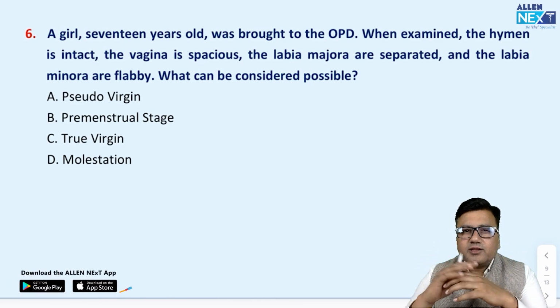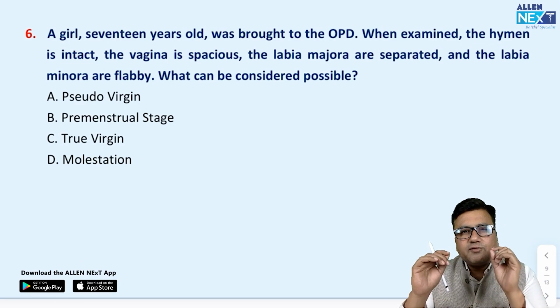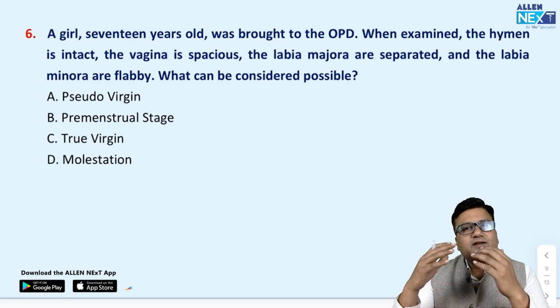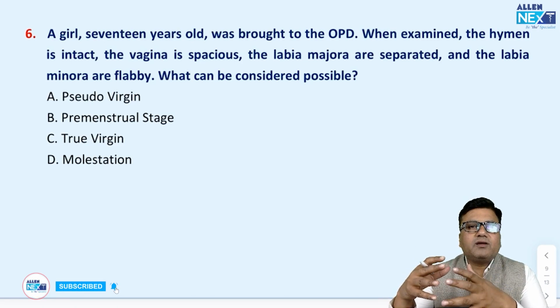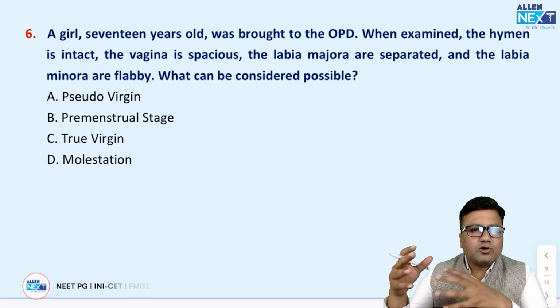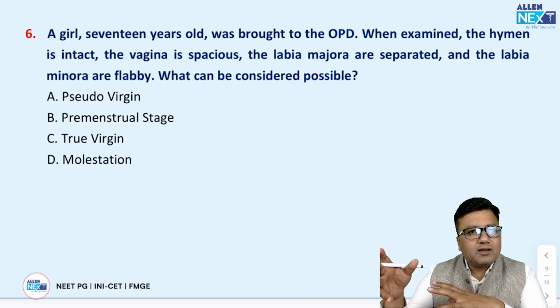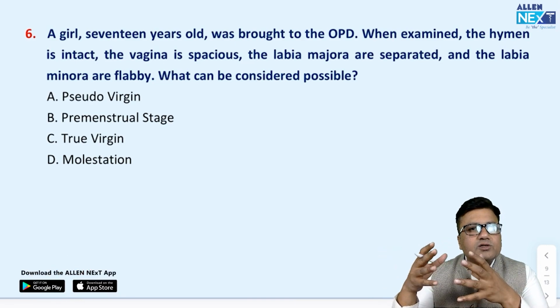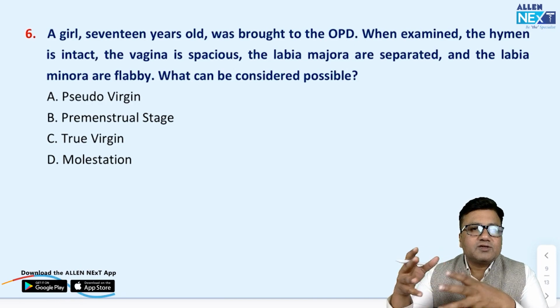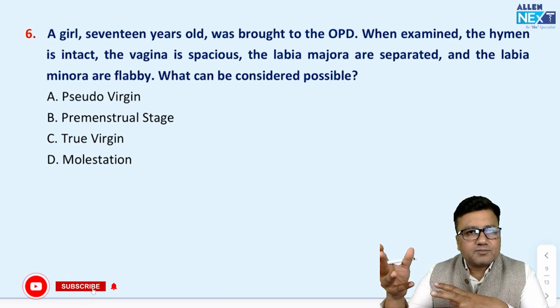See, if you read in this question, there are few findings which are very consistent with the girl having sexual intercourse, also known as habitual, somebody who has experienced sexual intercourse or somebody who has lost her virginity or somebody who is not a virgin.